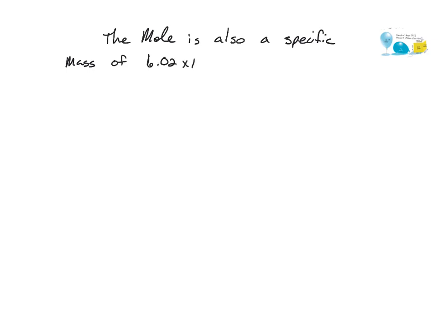Now the next point that follows is that if this set number of particles has a set volume for a gas, well, each of those particles has weight. We know that all atoms have weight. So the mole is also a specific mass of 6.02 times 10 to the 23rd of those particles.